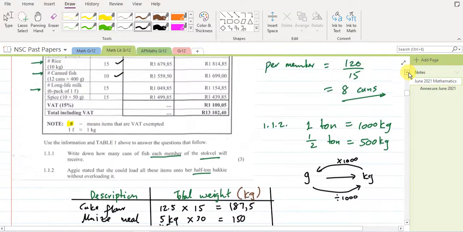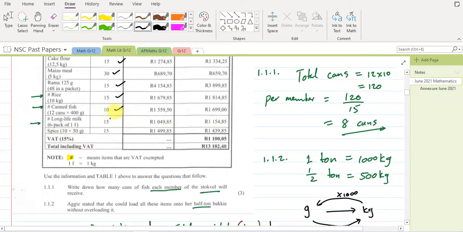Then the next one, long life milk. Remember, they're giving us a key here, which is 1 liter is approximately equal to 1 kg, so we can convert the liters. So for long life milk, there are 15 packs you are buying, right?